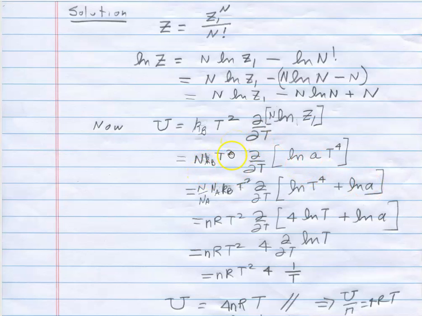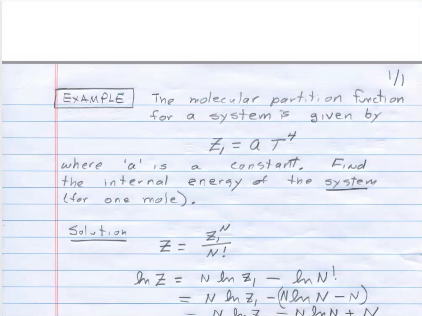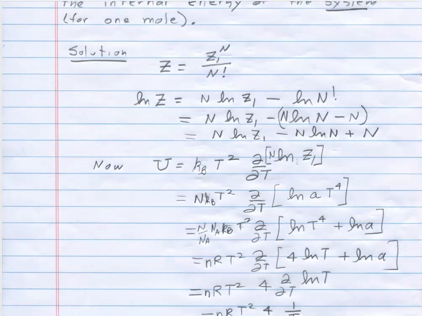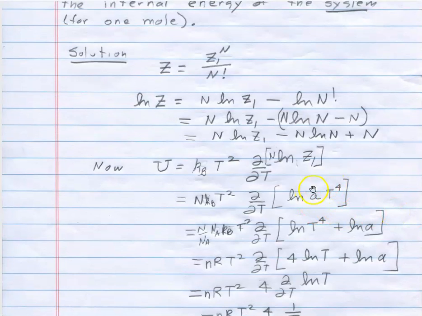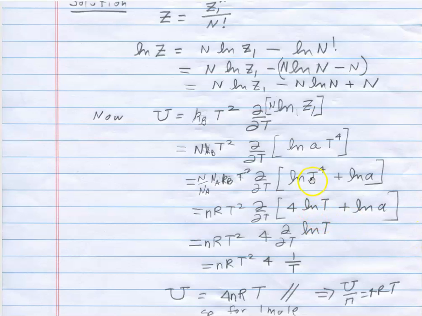First thing I can do is pull this in all the way outside, which I did, and then I have to take the partial with respect to T of the natural log of z1. I'm given that z1 is a t to the fourth, so I have to take the natural log of the product of a and t to the fourth. It's the natural log of t to the fourth plus the natural log of a, and the natural log of t to the fourth is just 4 times the natural log of t.